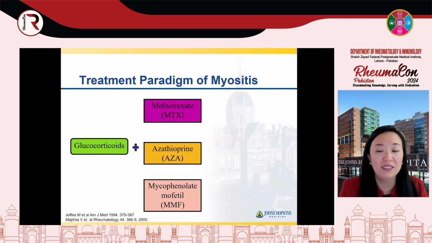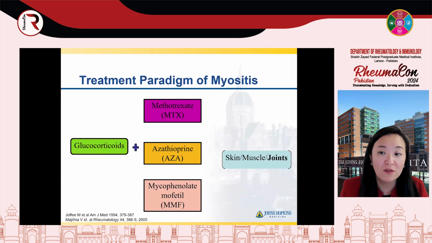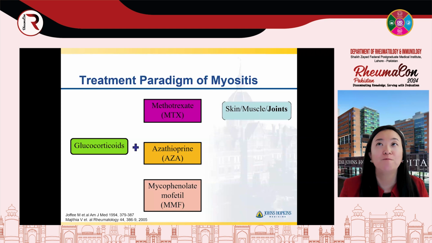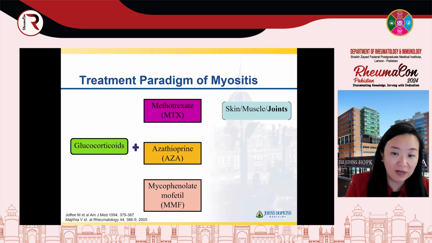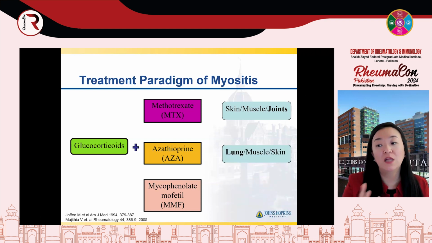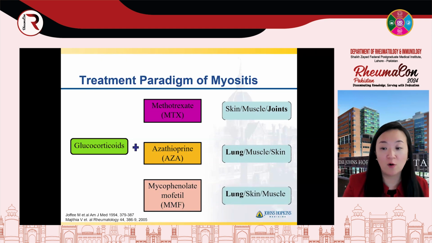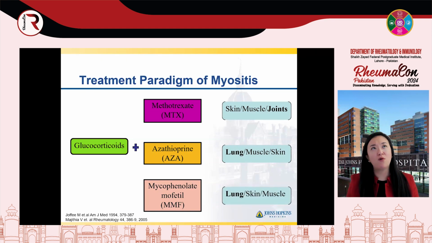And it's really largely dependent on whether the patient has more prominent muscle plus joint involvement. Then we would choose more methotrexate. If someone has lung plus muscle, then we would be using either azathioprine or mycophenolate. Now, there are no really prospective head-to-head clinical trials looking at any of these three agents.